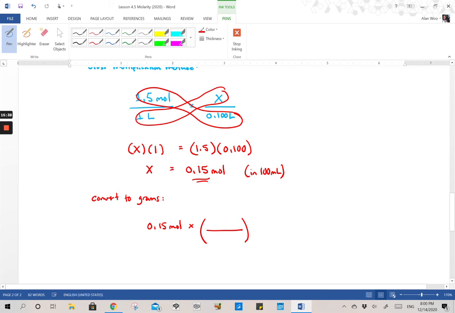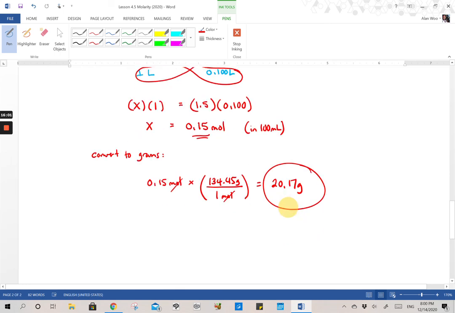Copper chloride was 134.45 grams in 1 mole. Moles cancel out, and we are left with 20.2 grams. So 20.2 grams is what we need.